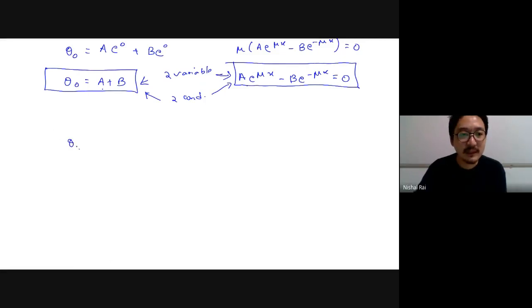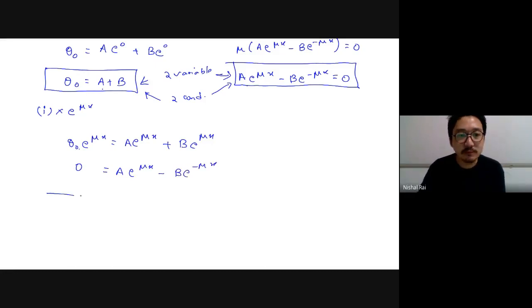So it will be theta naught e to the power mu x equal to A e to the power mu x plus B e to the power mu x. This was from your first condition, the first equation times e to the power mu x, multiplying both sides. Now we use the second equation, which was 0 on this side, A e to the power mu x minus B e to the power negative mu x.